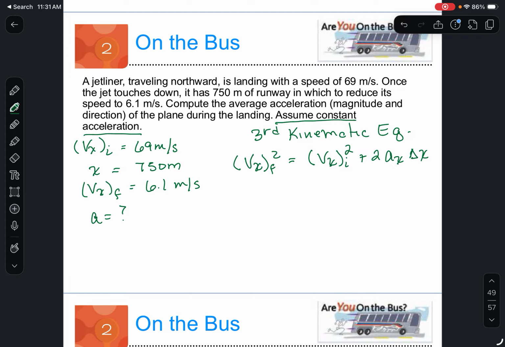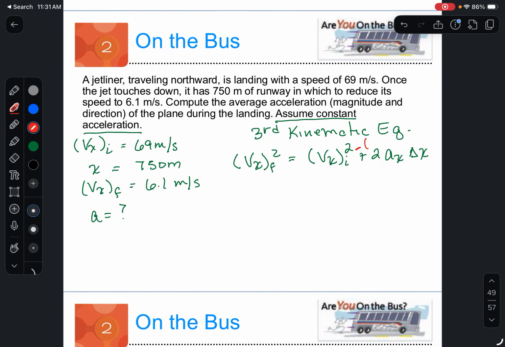And we're looking for acceleration, so we need to do some rearranging. So the first thing we're going to want to do is go ahead and move over our Vx initial squared. So we're going to subtract Vx initial squared on our right, and we're going to subtract it also on our left. So that's going to cancel on the right.